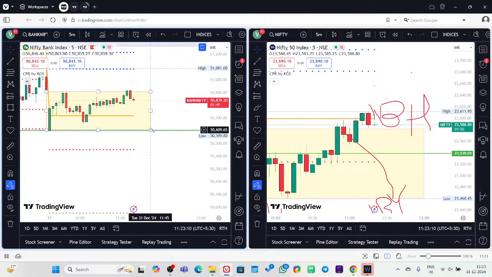The only thing is that here is a demand zone, price taking support from the demand zone. This demand is pushing the price upwards. Here, initial balance high rejection with a good red candle has appeared.